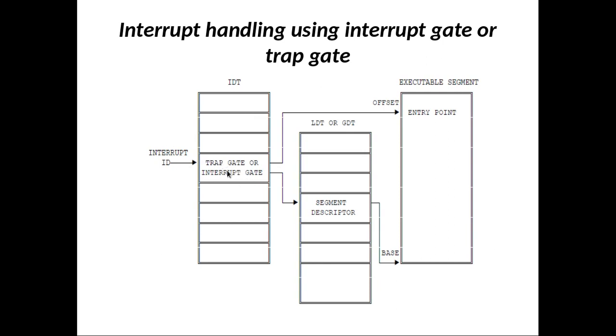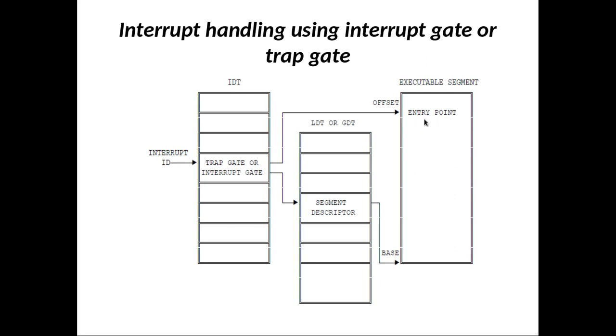So what do the trap gate and interrupt gate descriptors contain? They contain a selector field. What is the use of that selector field? That selector field will select a segment descriptor, and this segment descriptor should point to the executable segment which contains our required ISR. Now we have obtained the base address of this executable segment. Now what we need is the offset address of this ISR.